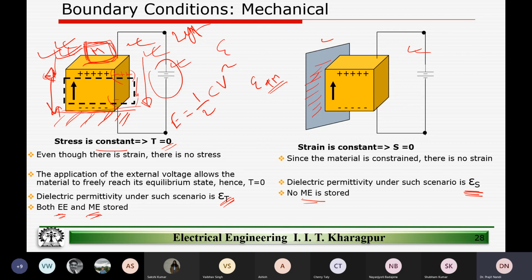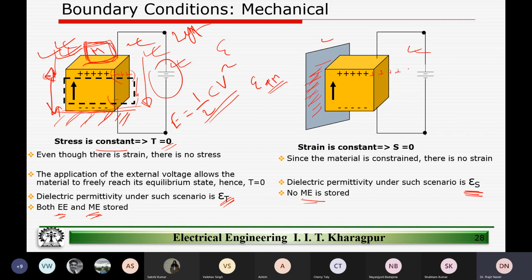So we are storing higher energy in the same piece of material. In the right case, because we are not allowing the material to move at all, there is no mechanical energy getting stored. The only energy getting stored is electrical energy.